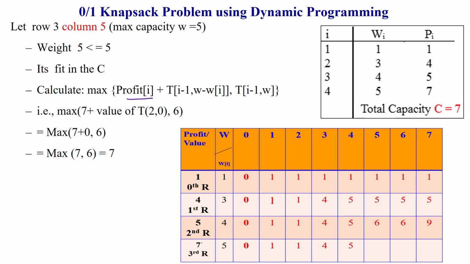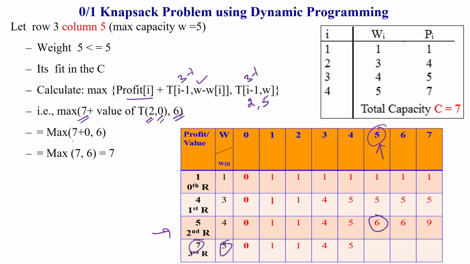Profit of the current item is here 7, then t of i minus 1, so here 3 minus 1 is 2, then w is here 5, so 5 minus current product weight 5 is 0. Then 3 minus 1 is 2, 2 comma maximum profit of the maximum weight of this current column, which is 5, 2 comma 5 is here 6, so that is written here.